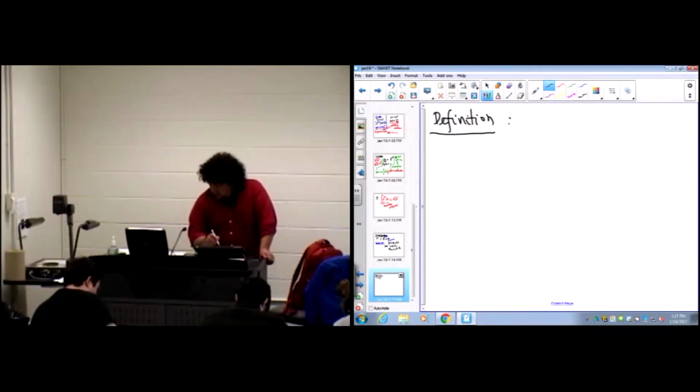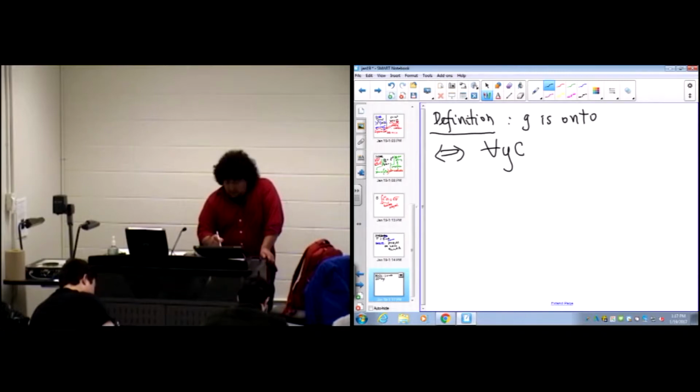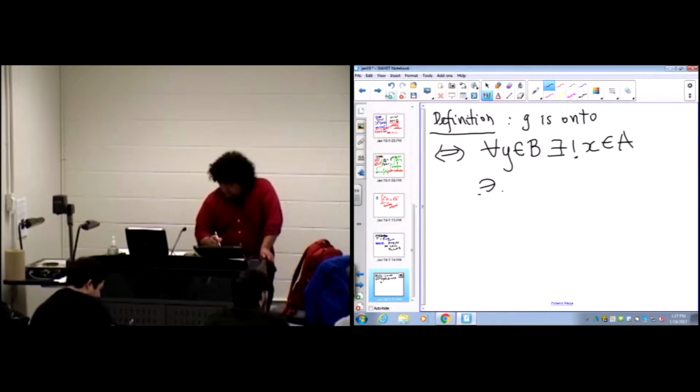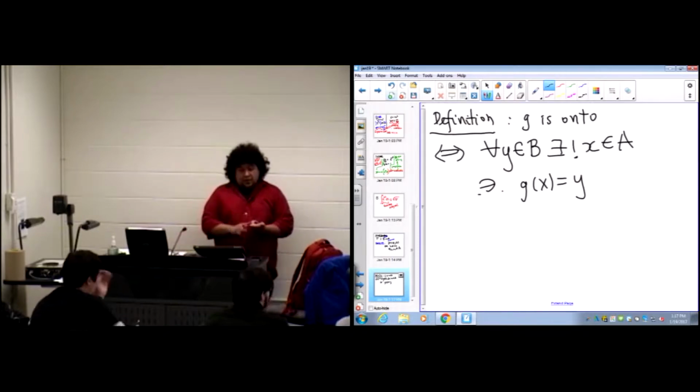Okay, so we would say that g is onto if and only if for every y in the codomain there exists a unique x in the domain such that g of x equals y.